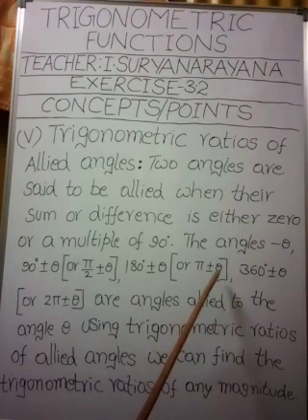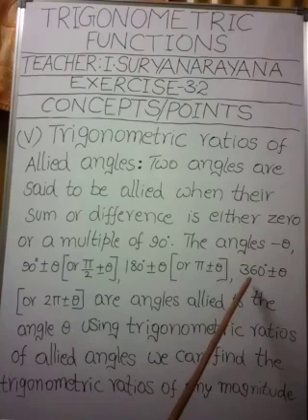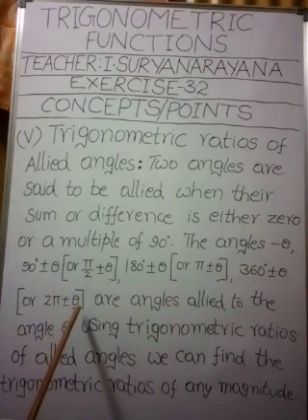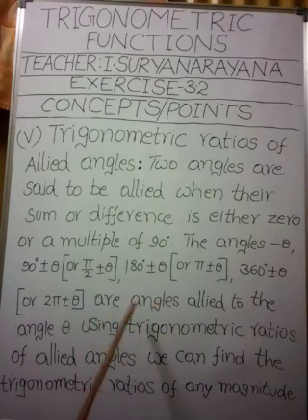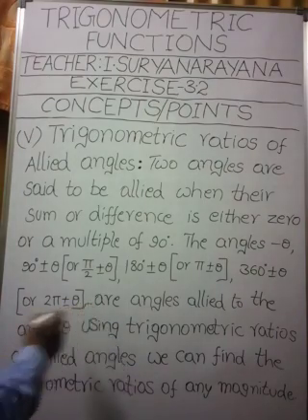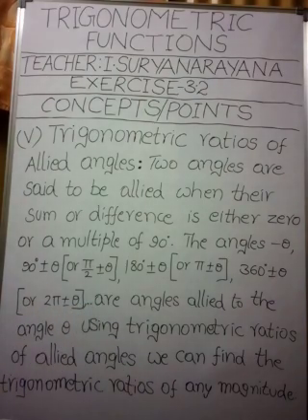or pi plus or minus theta, 360 degrees plus or minus theta or 2 pi plus or minus theta, and so on, etc. are called allied angles to the theta.